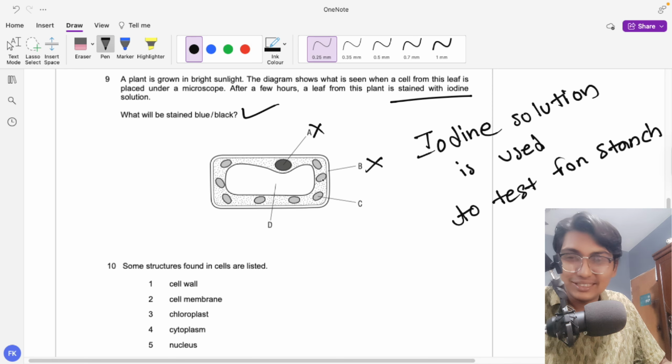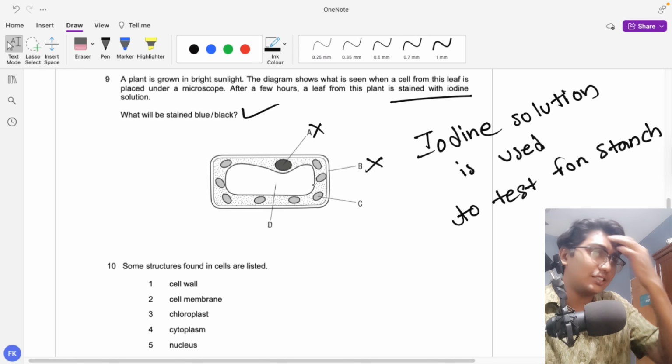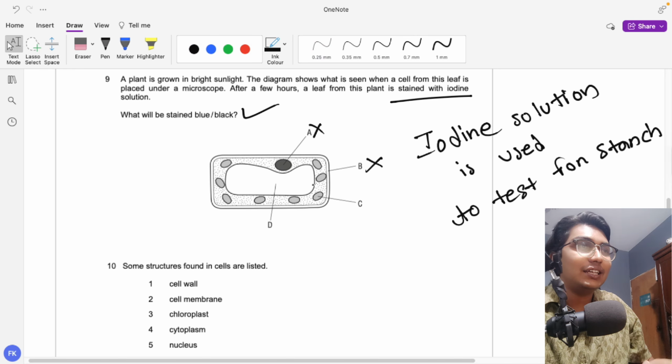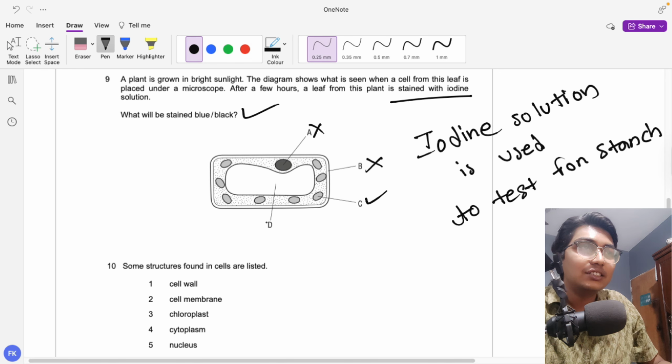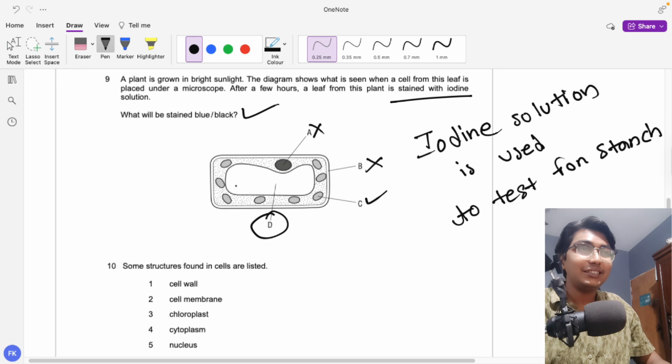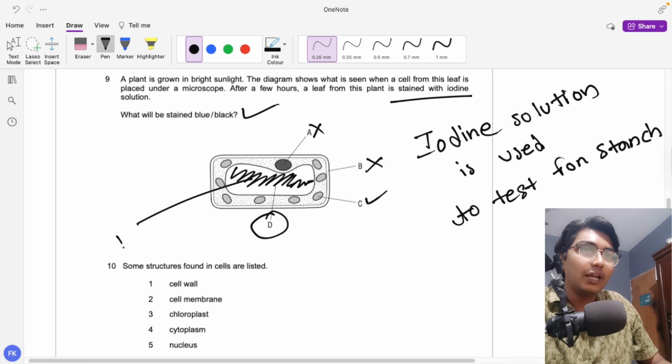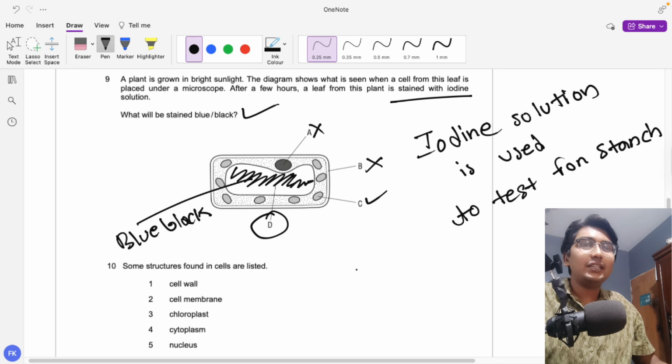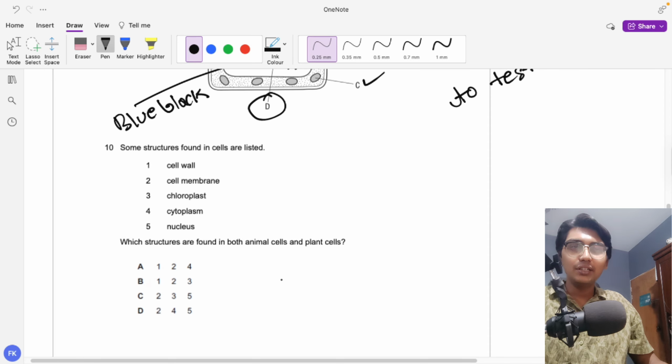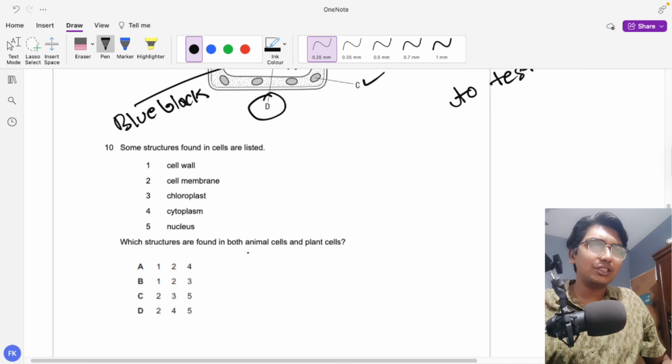B is cell wall, as we previously solved. C is chloroplast, which is the machinery, and D, starch is stored inside the vacuole. So you can see this portion will turn blue black in color. Now let's look at another question.